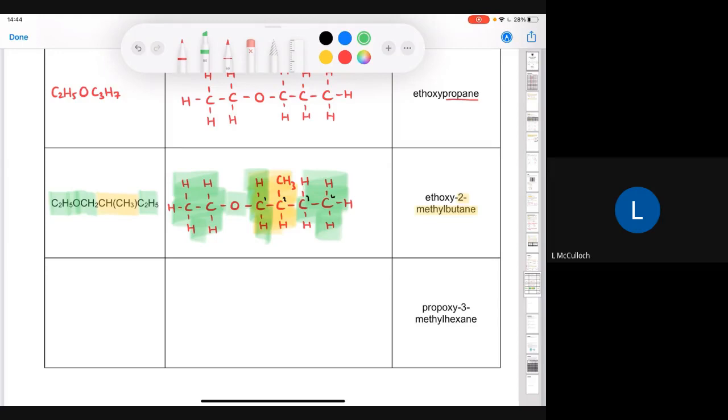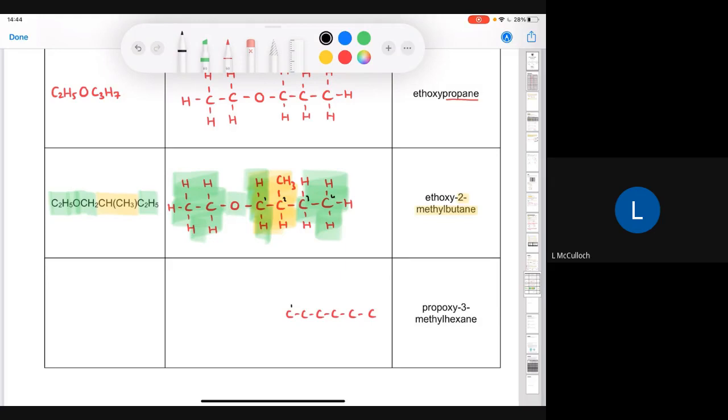Right, so let's have a look at our answer here. So we'll begin with the structure. I'm going to start with 3-methylhexane. So I've got my 6 carbons for my hexane chain. I am going to make the carbon on the left carbon number 1.